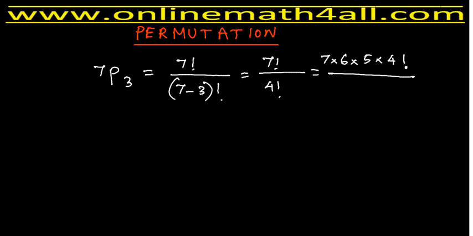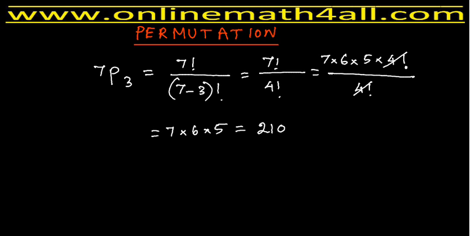Other students may have a question, why do I write 4 factorial instead of 4 times 3 times 2 times 1? Because at the denominator we have 4 factorial, so this 4 factorial and this 4 factorial will get cancelled. So we get the answer 7 times 6 times 5. 5 into 6 is 30, 30 times 7 will be 210 is the answer.